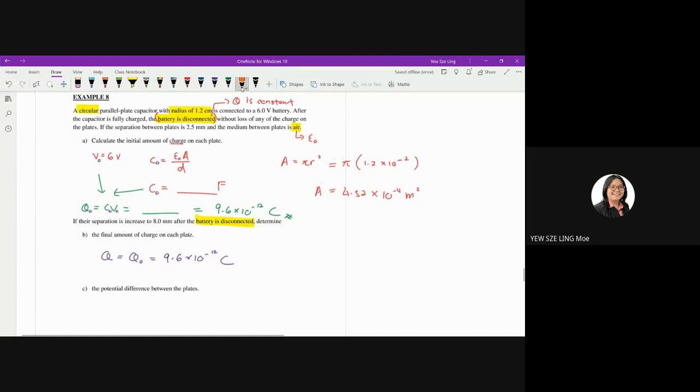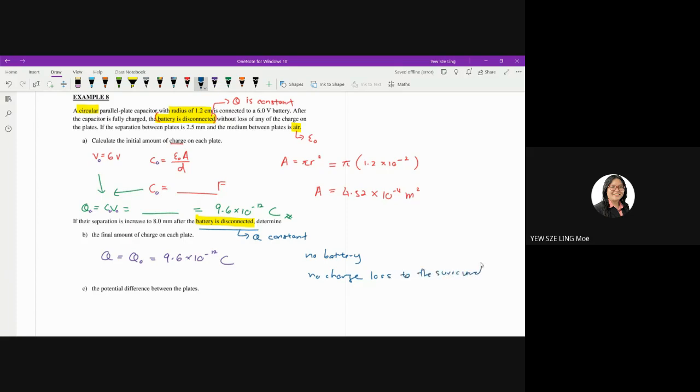Because the battery is disconnected, Q is constant. Also, the question mentions there is no loss of charge to the surroundings, so there is no battery and no charge loss to the surroundings.